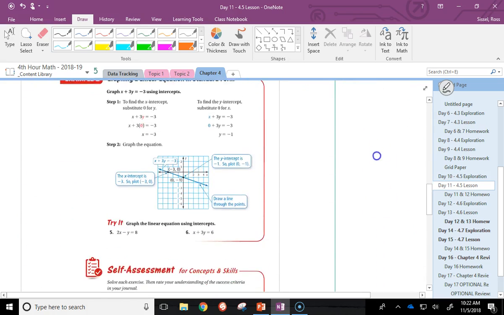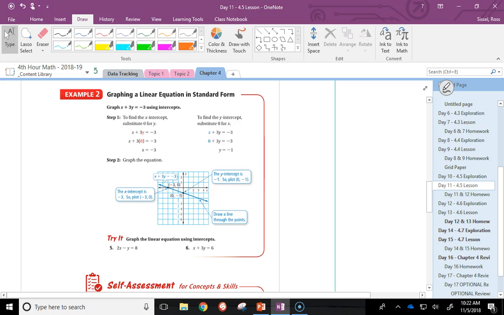If we go down to example 2, it says graphing a linear equation in standard form. Same thing we just did. x plus 3y equals negative 3. Good. We could go ahead and take that to slope intercept form and say 3y equals negative x minus 3. y equals negative 1/3 x minus 1.